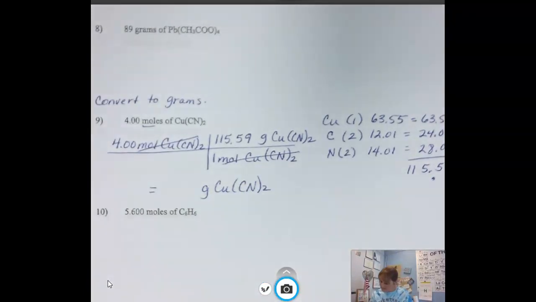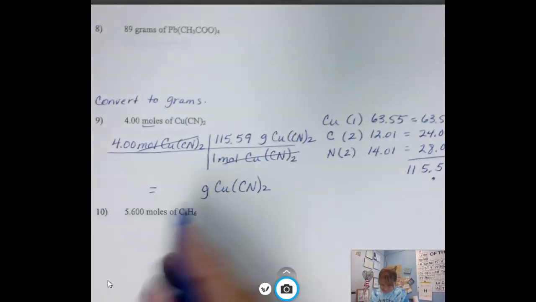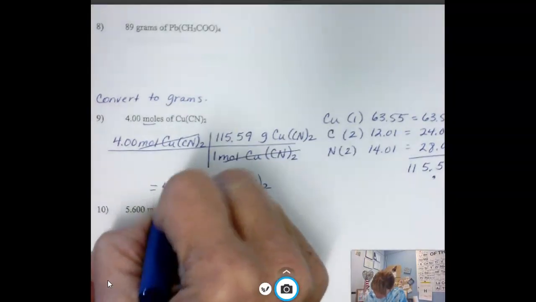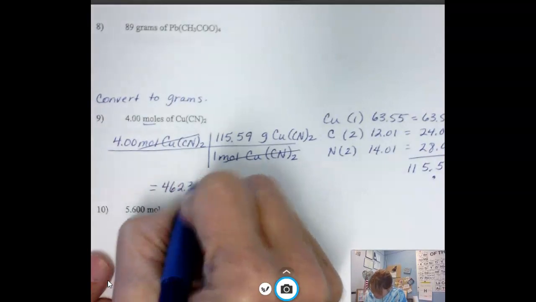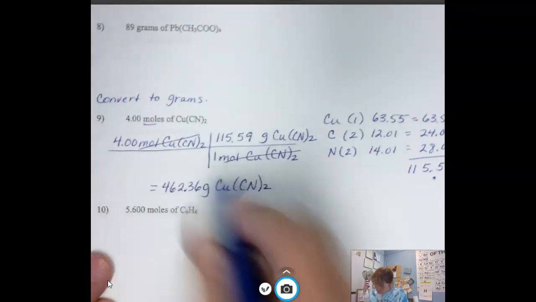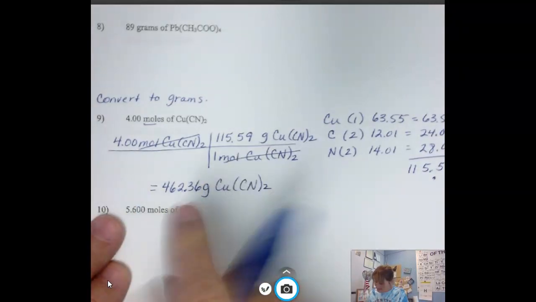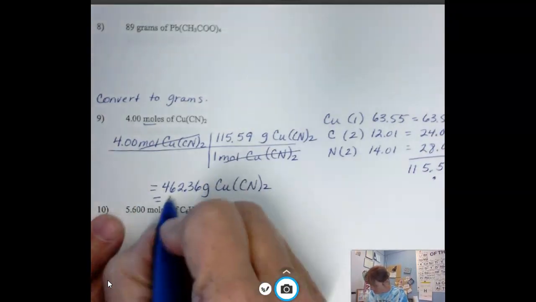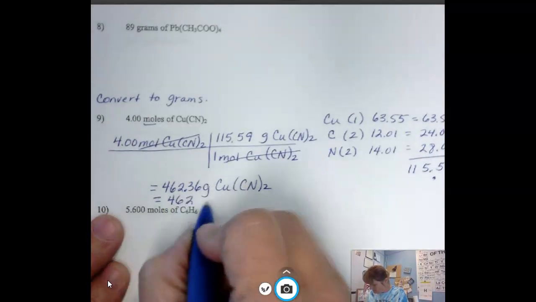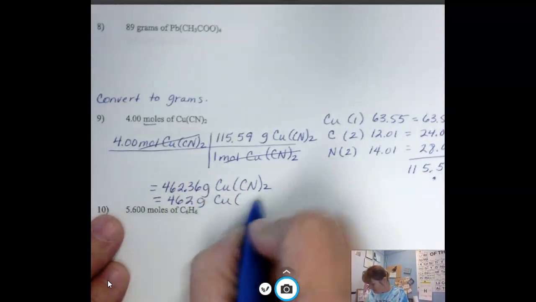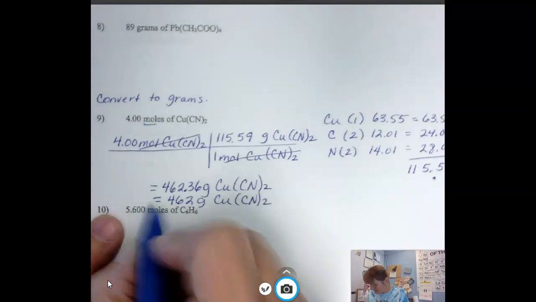So we're just going to, in this case, do a multiplication of 4 times the 115.59. So 462.36. Now, when I put that in there, I only have 3 digits there, so I really only need 3 digits. So I'm going to go with 462 grams of copper cyanide as a final answer.